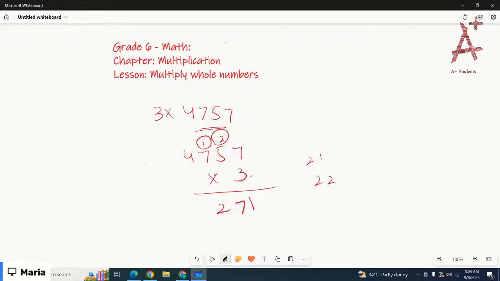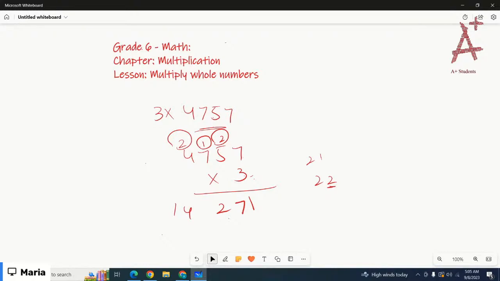Write 2 here, and the 2 at the tens position you carry to the next number. 3 times 4 is 12 and 12 plus 2 is 14. You don't have any other digit to multiply. That means 3 times 4757 makes 14,271, right? It would be 14,271.